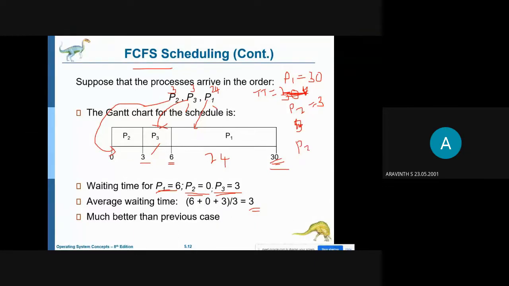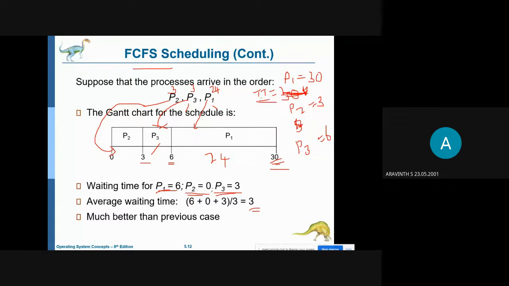P3's turnaround time is 6. So P1 completed at 30 seconds, P2 completed at 3 seconds, and P3 completed at 6 seconds.